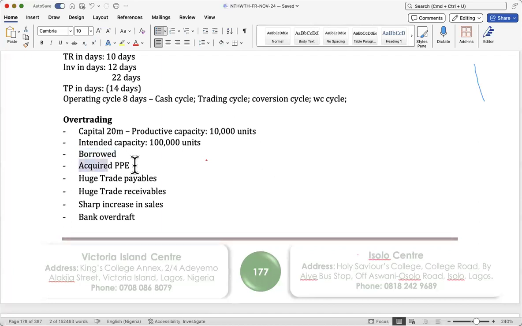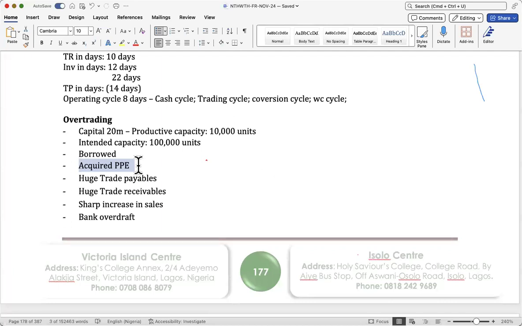Number two, you will see that this guy will have acquired new PPE to accommodate his intended capacity, which his resources cannot accommodate. But he wants to do it. He did it. He will have acquired a lot of PPE. If you check within the years, you will see that his PPE will have sharply increased. Maybe his PPE last year was 20 million. This year will have jumped to almost 80 million.